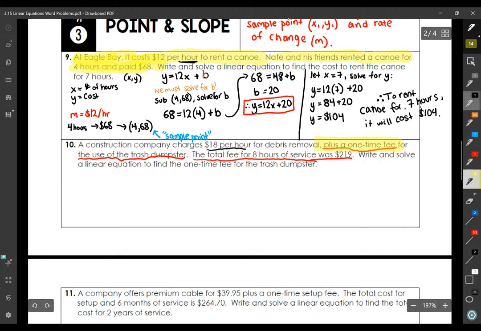X is our independent, Y is our dependent. We're talking about the cost, or the total fee. Total fee, I guess I'll use, and that's in dollars. And then X, well, what affects the price? It seems to be the number of hours.